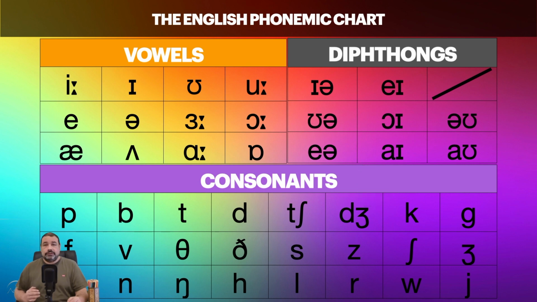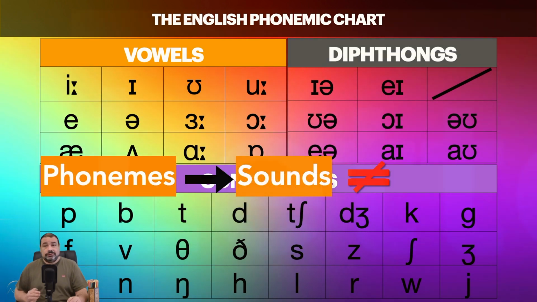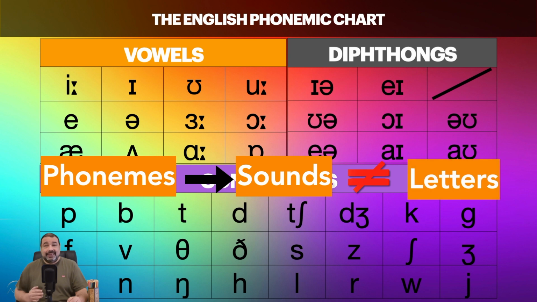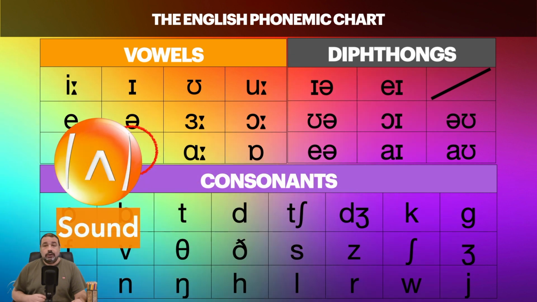Now, these 44 symbols, which are called phonemes in English pronunciation, represent sounds and not letters of the alphabet. Again, these symbols represent sounds and not letters of the alphabet. For instance, this symbol of phoneme represents the sound uh.